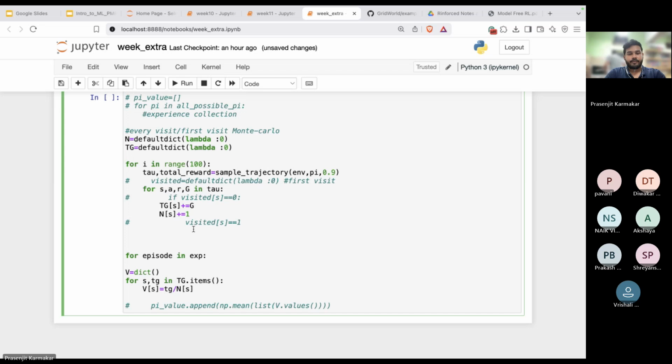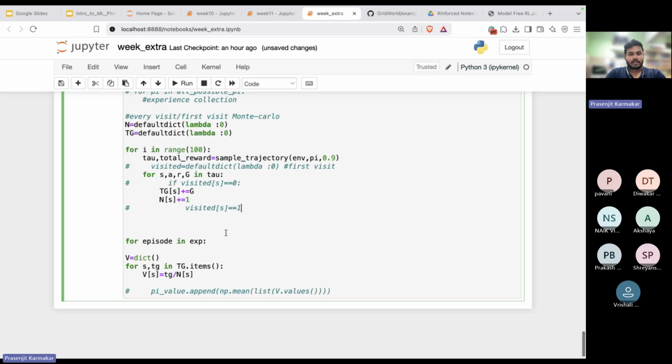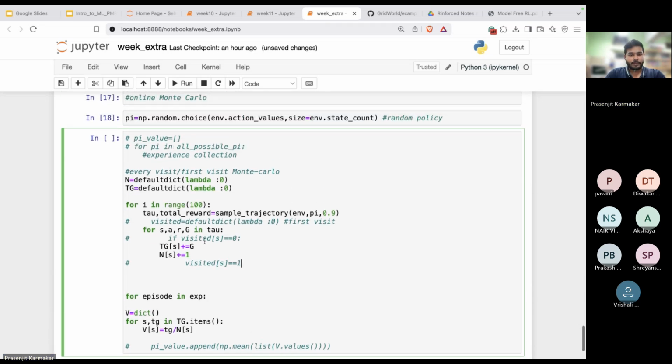So what you do, you collect a trajectory, get its tau, all the possible pairs S, R, and G, then update your representation based on it, right? And the update equation is, directly, you don't have to track TG anymore. You can directly update V.